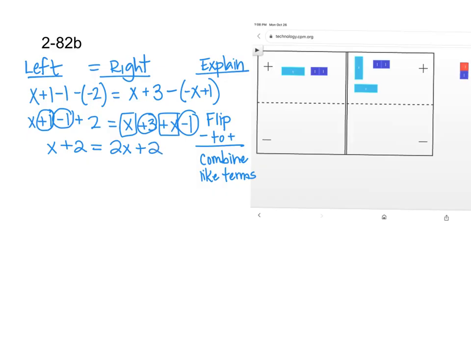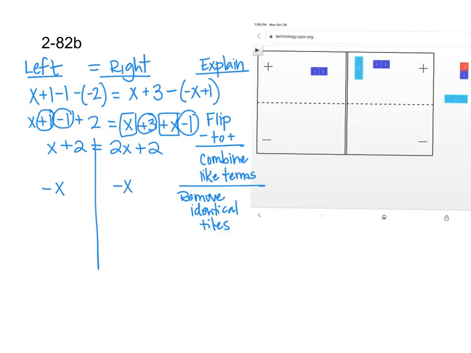Now, to simplify my equation, I'm going to remove identical tiles from the left and from the right side of the equation mat. So I can see that I have a positive x tile on the left and on the right. I can remove identical tiles from the left and from the right. I also see here that I have positive 2 tiles on the left and positive 2 tiles on the right.